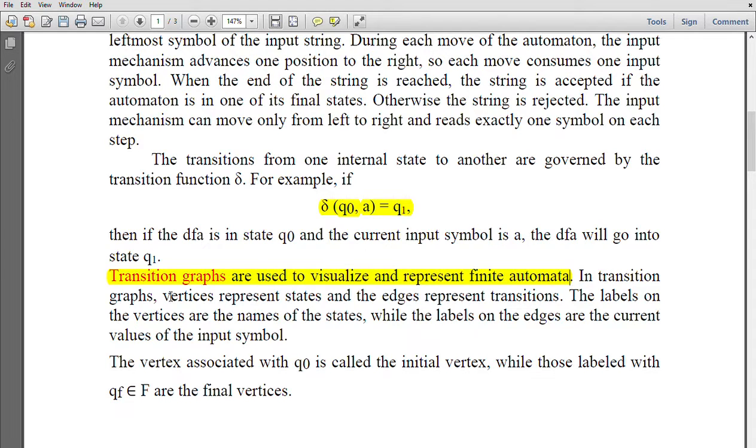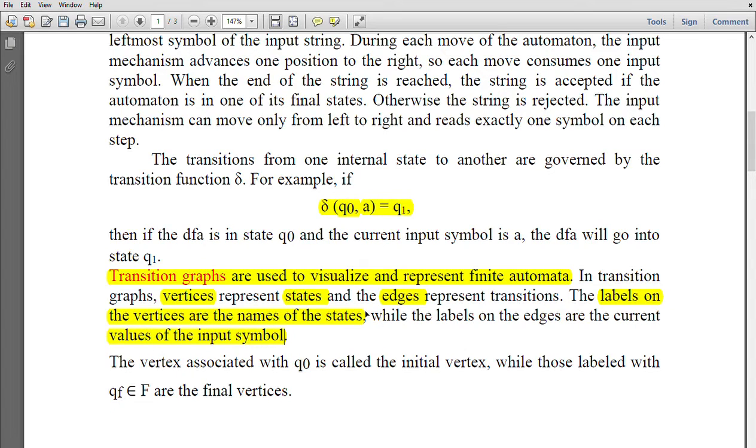In transition graph, basically vertices are there, which are representing states, and edges are basically the transitions. It will be represented by some input alphabet on top of those edges. The labels on the vertices are the name of the state we have seen, and the labels on the edges are the current values of the input symbol.